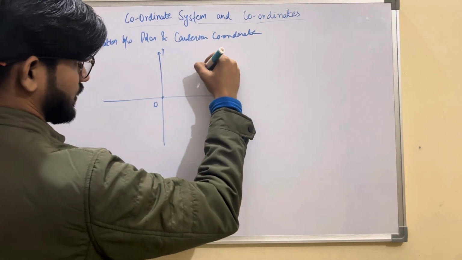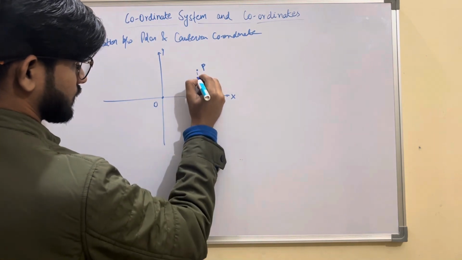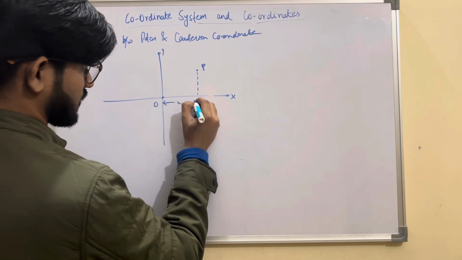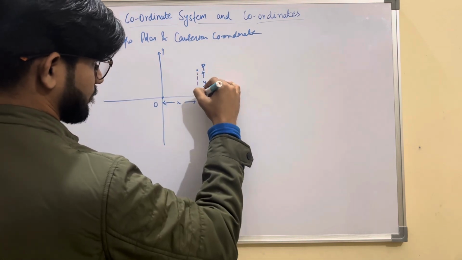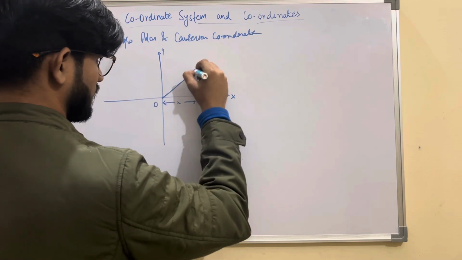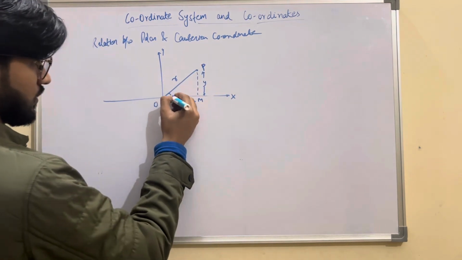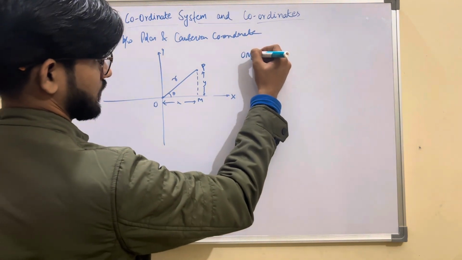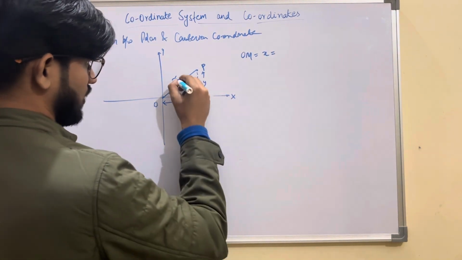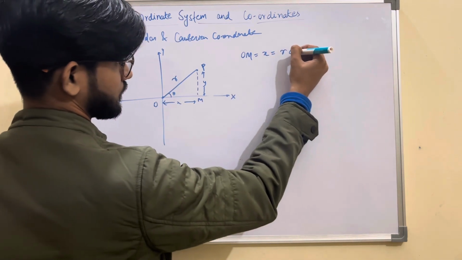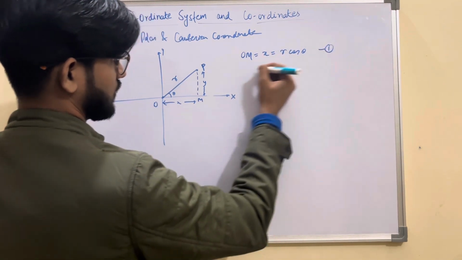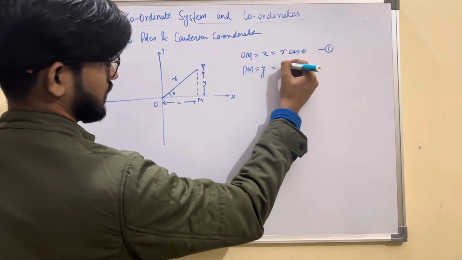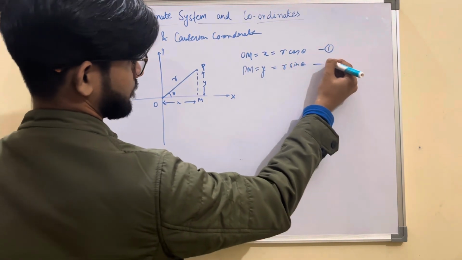This is point P. This is x, this is y, this is r, this is theta. We can say that OM equals x, that is r cos theta. And PM, that is y, equals r sin theta.